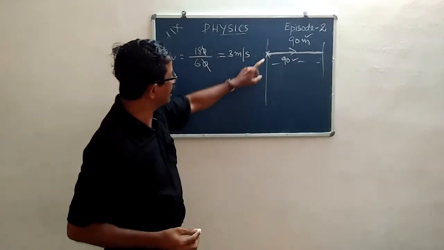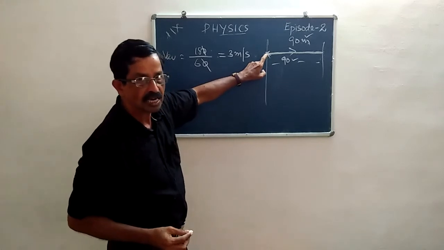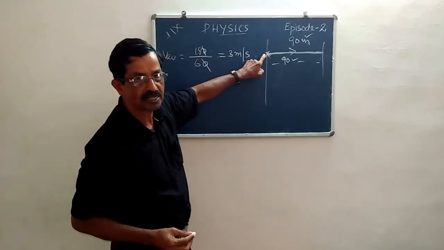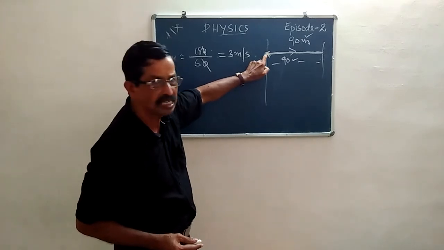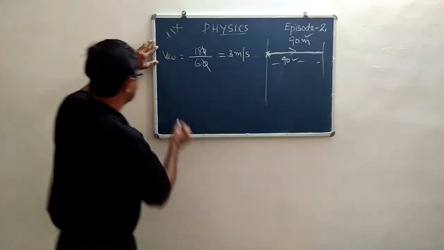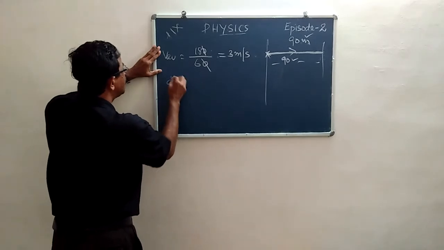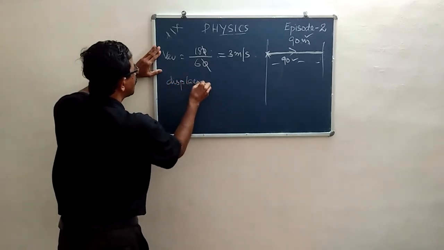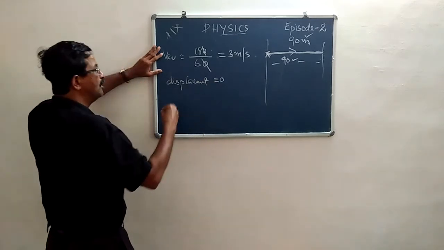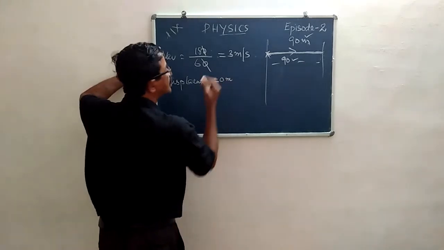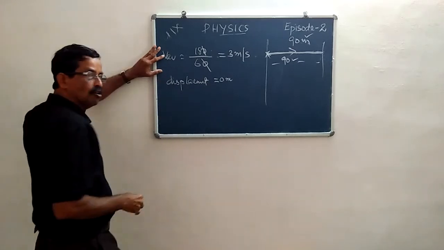But you see, she is at this point itself now. That means her starting and finishing point is the same. So here the displacement is equal to 0. Displacement of Usha is 0 meter, and time we know is 1 minute.